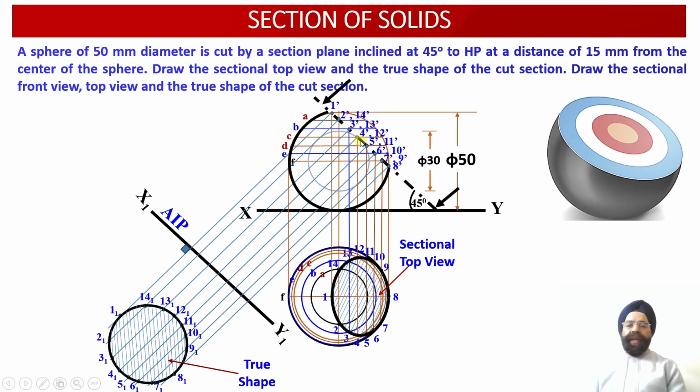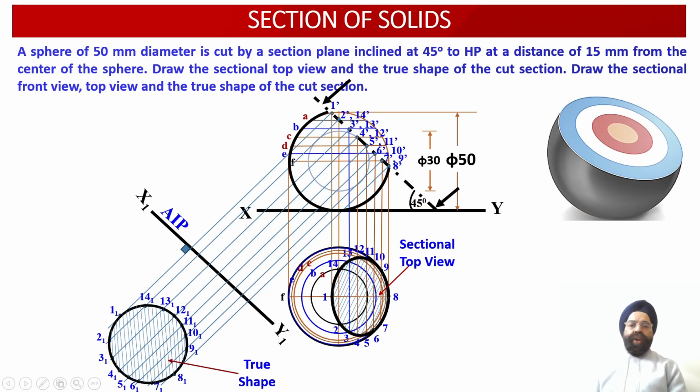So now we have been able to obtain the sectional front view projection of the sphere, the sectional top view projection of the sphere, and the true shape projection of the cut section when the sphere is cut by an AIP inclined at an angle of 45 degrees with respect to the horizontal plane.